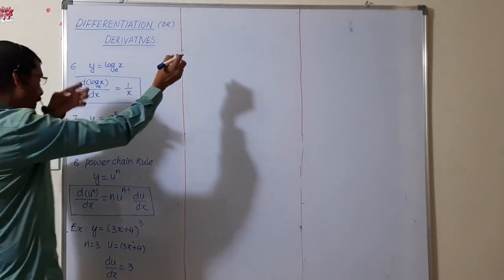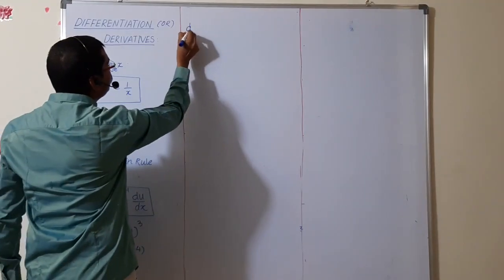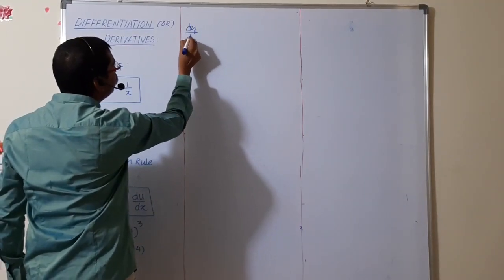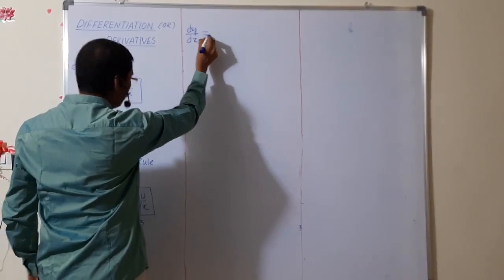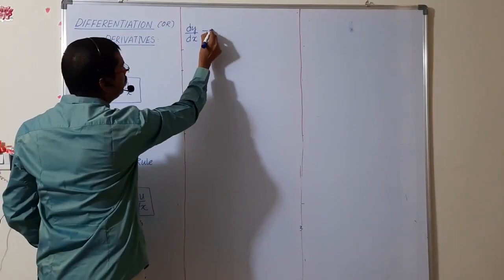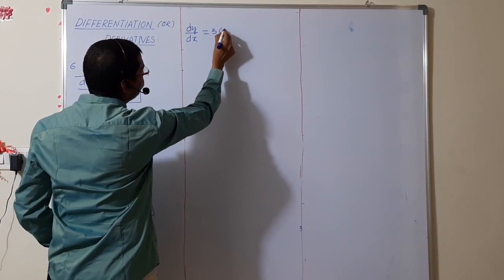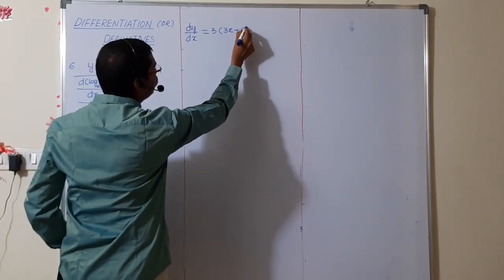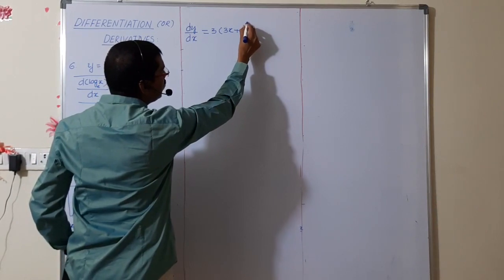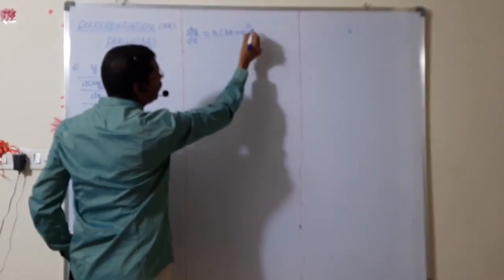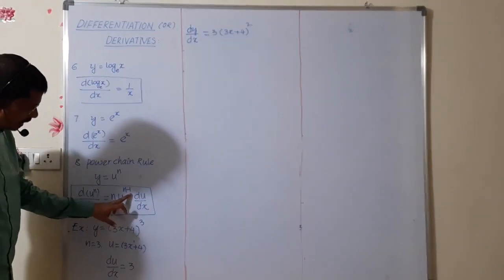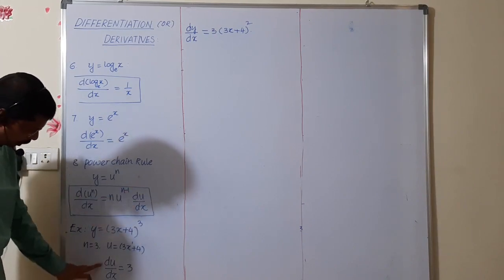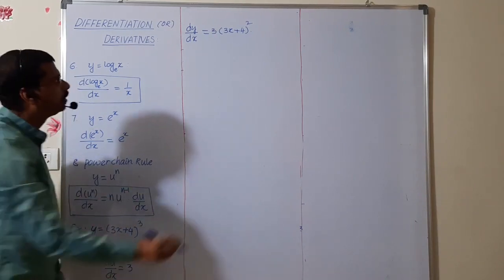Now substitute the formula. dy upon dx is equal to the power 3, u value 3x plus 4, the power decreases by 1, 3 minus 1, 2, into du upon dx. du upon dx value, what are we getting? 3.